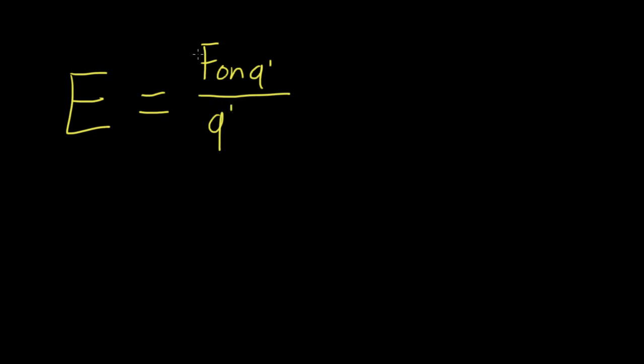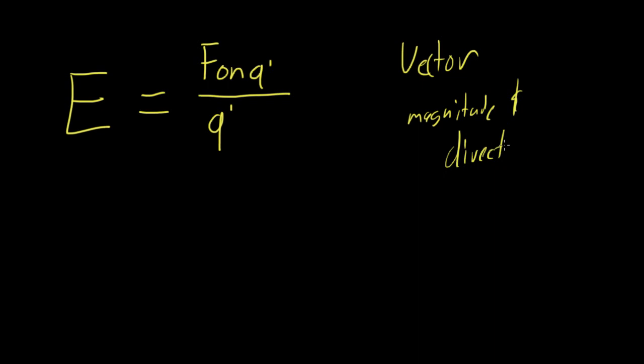So if we know the force on a charge and the amount of the charge, we can find the electric field. And the electric field is a vector quantity, so it's going to have magnitude and direction. Alright.